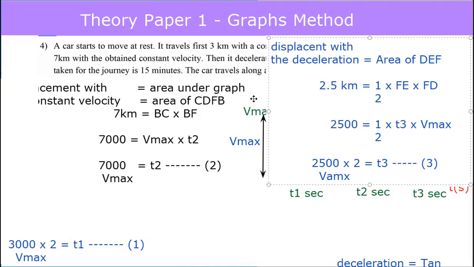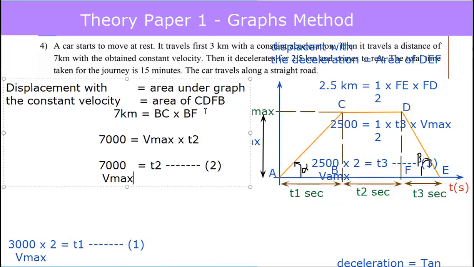So I think you have written all these things. Just write the total time taken equals T1 plus T2 plus T3 and substitute the expressions that you have obtained for T1, T2 and T3. Then you will be able to obtain a single expression. Actually, you will be able to obtain Vmax. Let me write this. Here, this is the second equation.